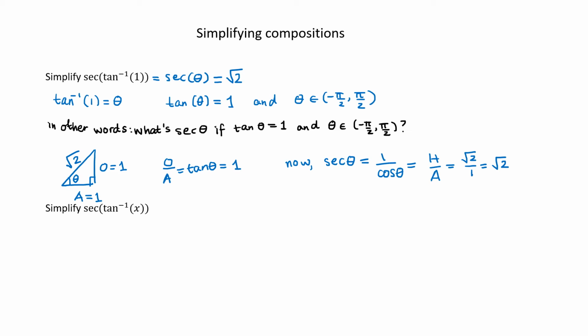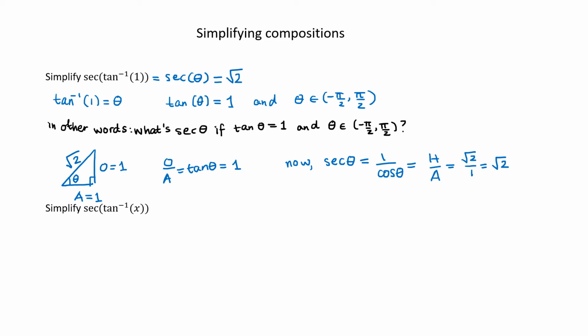This has the advantage that we don't need to actually calculate inverse tangent of 1 in order to do the simplification. Let's try the same technique out in the most general case. We're going to simplify secant of inverse tangent of x.